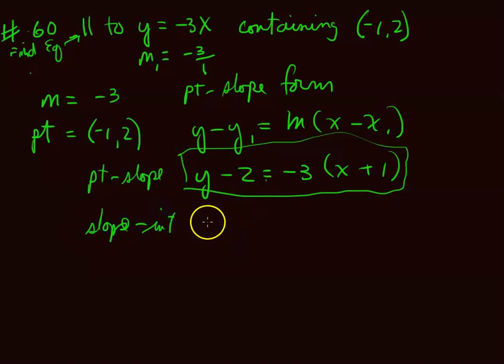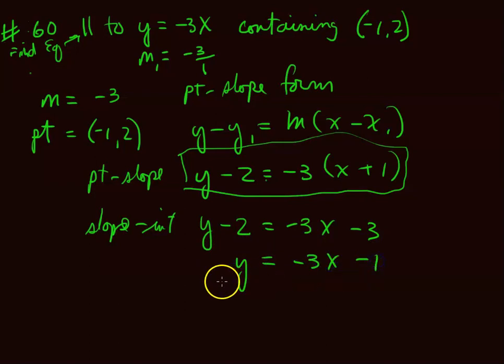I'm going to distribute that negative 3 first. Negative 3x minus 3. Then I'm going to add 2 to both sides. Negative 3x minus 1. So that would be my slope-intercept form.